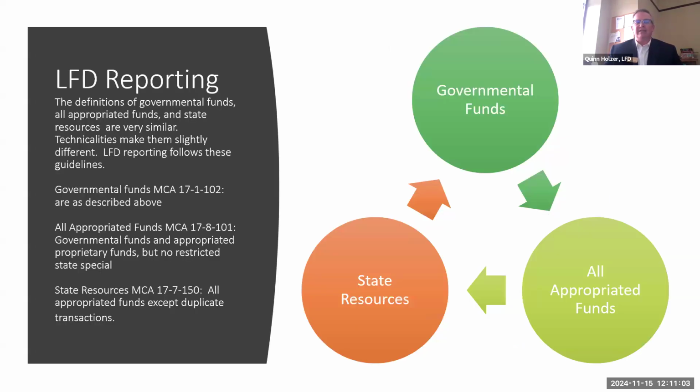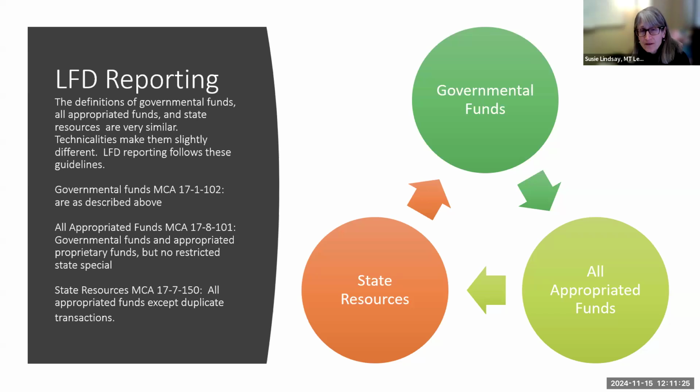With that, I'm going to turn it back to Susie to talk through some of the complexities of how we measure our funding. Thanks, Gwen. Yes. So the Legislative Fiscal Division reports out in a variety of ways. Some of our more common reporting that you will hear about is state resources.